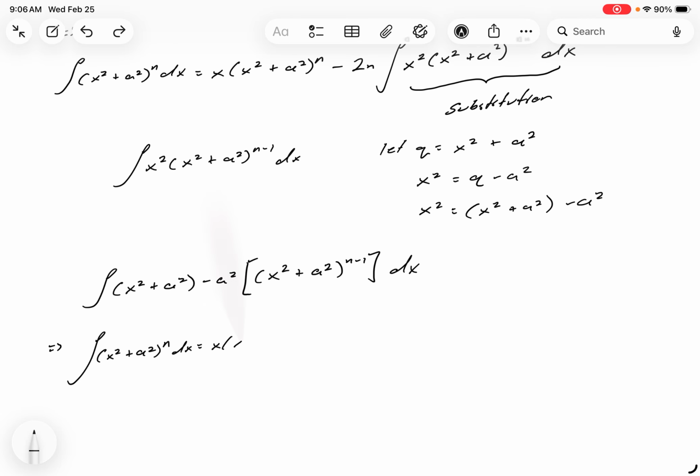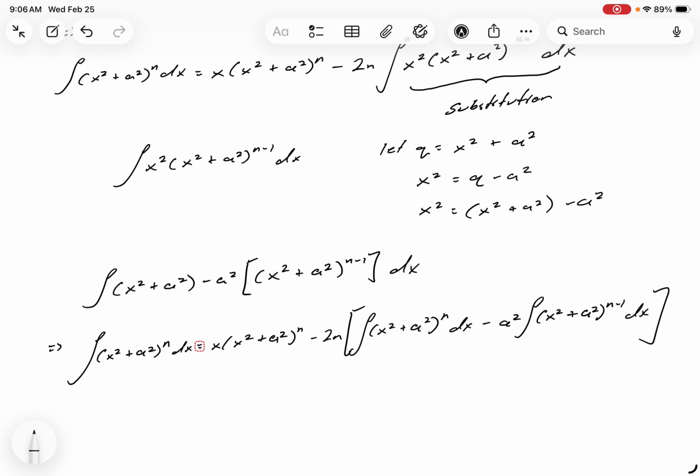Okay, so x times x squared plus a squared to the nth power minus, now we got the 2n, and now we got the integral that we found out, which is going to be the integral of x squared plus a squared to the n dx minus a squared times x squared plus a squared to the n minus 1 dx.